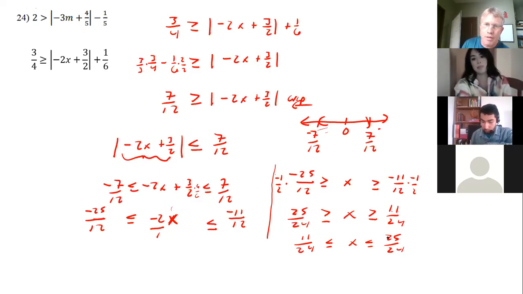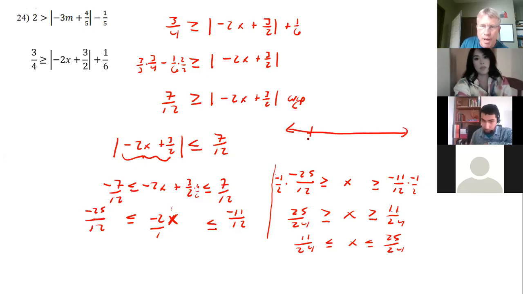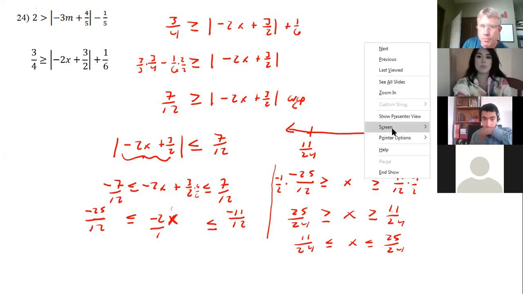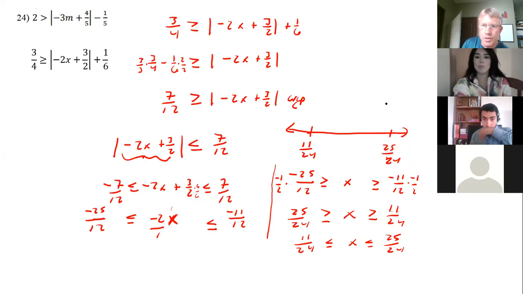So on the number line, what does that look like? You've got the two boundary numbers, 11 over 24 and 25 over 24. And I've got the equal to symbol, so that equal to tells me that I've got the boundary numbers, but they're included.